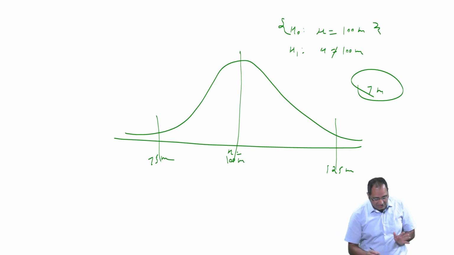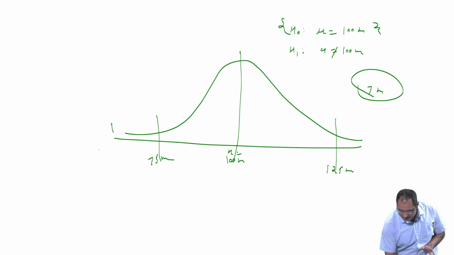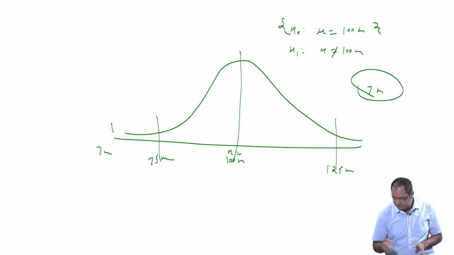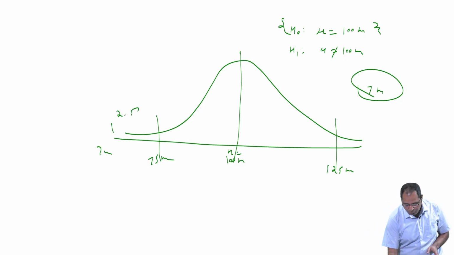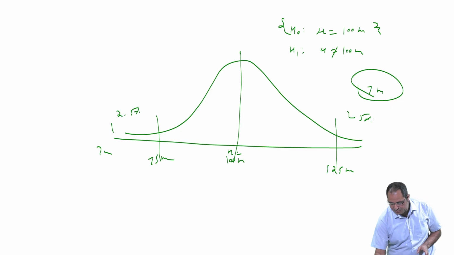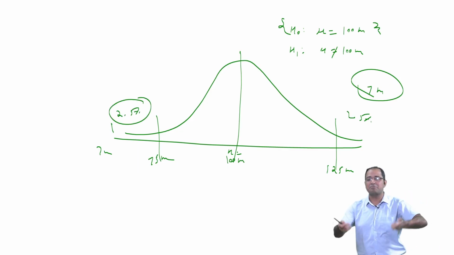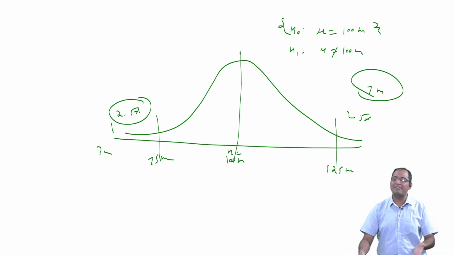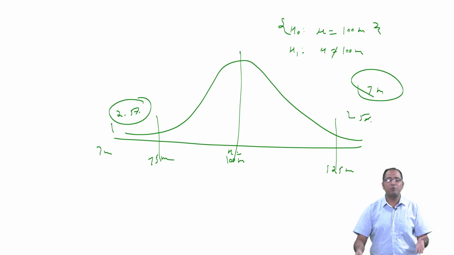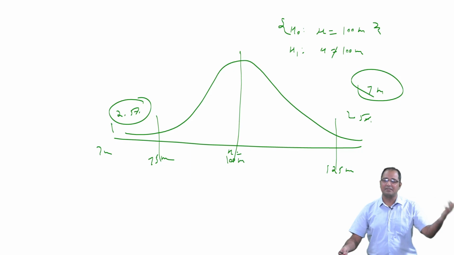I am getting a sample which is 7 meters, which is far on the left. This is 2.5%, 2.5%, which means the probability that I will draw a sample with such a low mean is very, very much less than 2.5%. It will be even 0.001%.